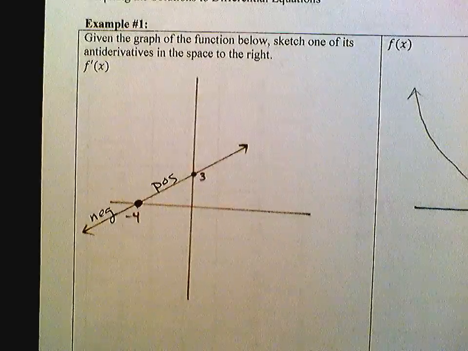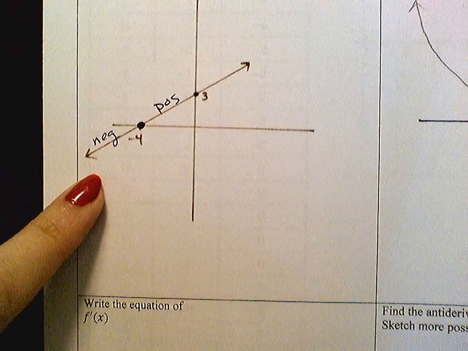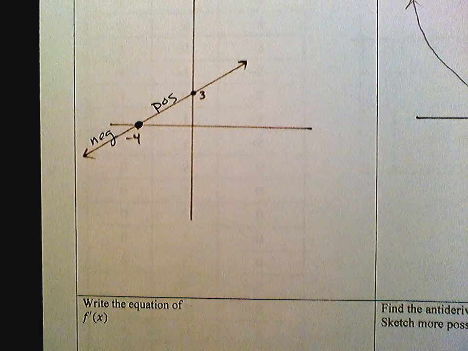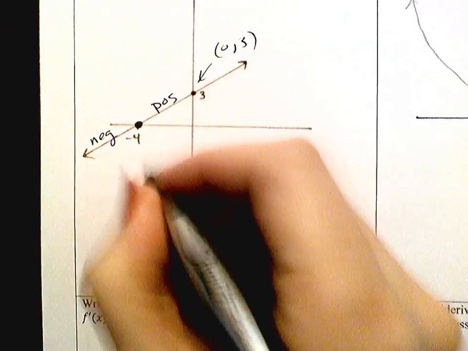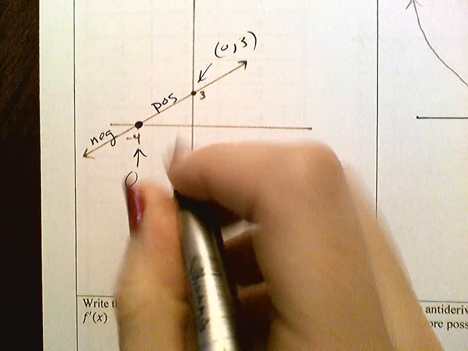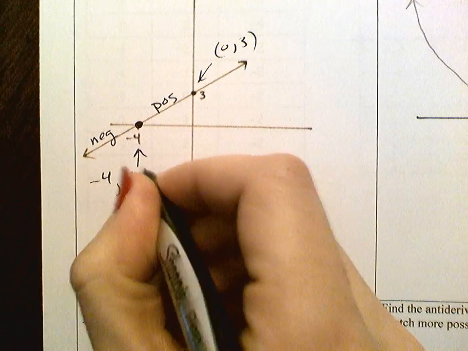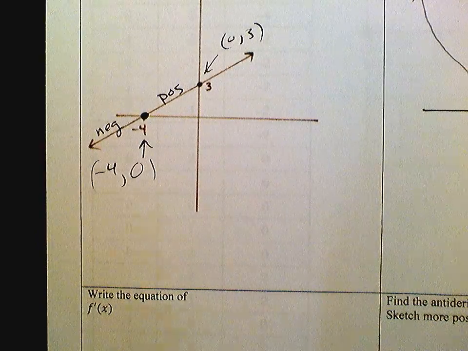So now we're going to move to this bottom left corner, and we're going to write the equation of f prime. So this is f prime. It's a line, and on this line, we know 2 points. We know 0, 3 is a point on this line, and we know -4, 0 is another point.